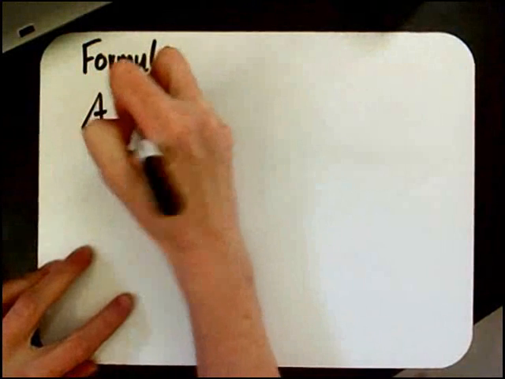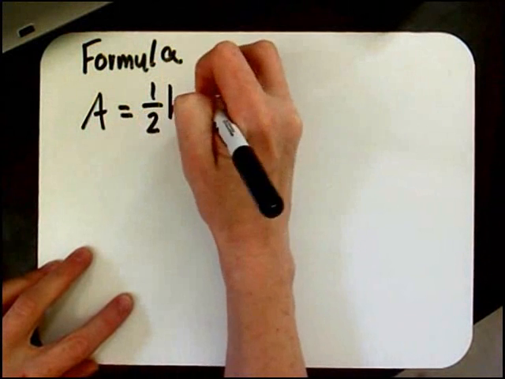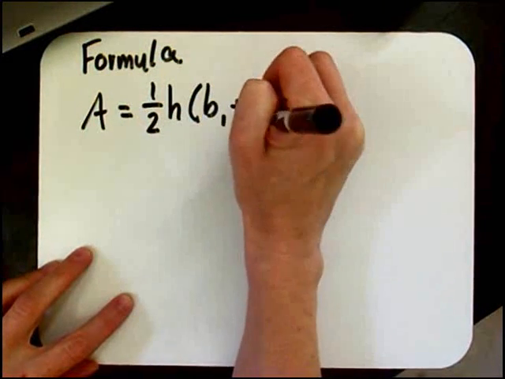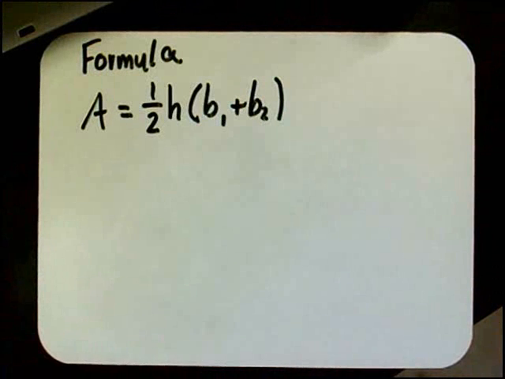The formula for the area A of a trapezoid is A equals 1/2 h open B1 plus B2 close parentheses. So h represents our height, and B1 and B2 represent the measures of the bases.